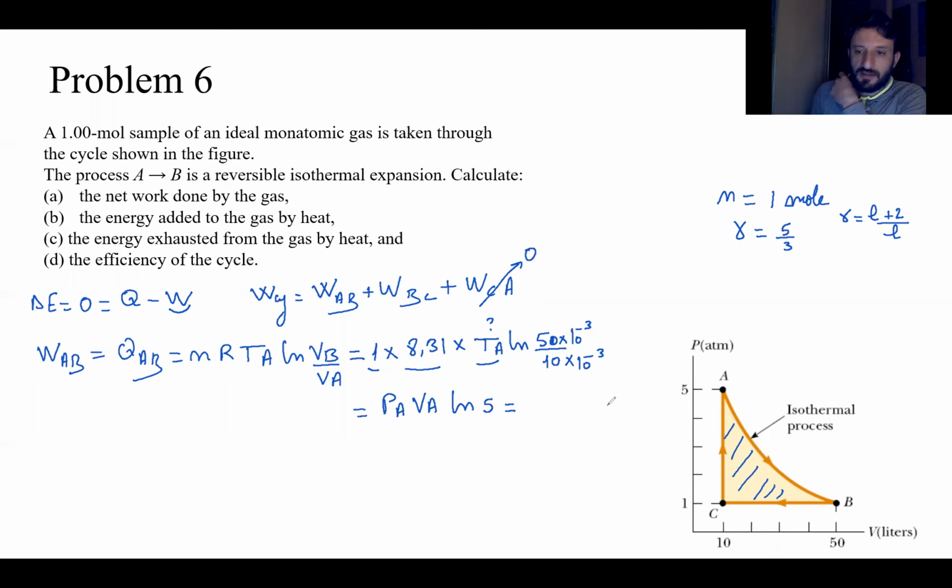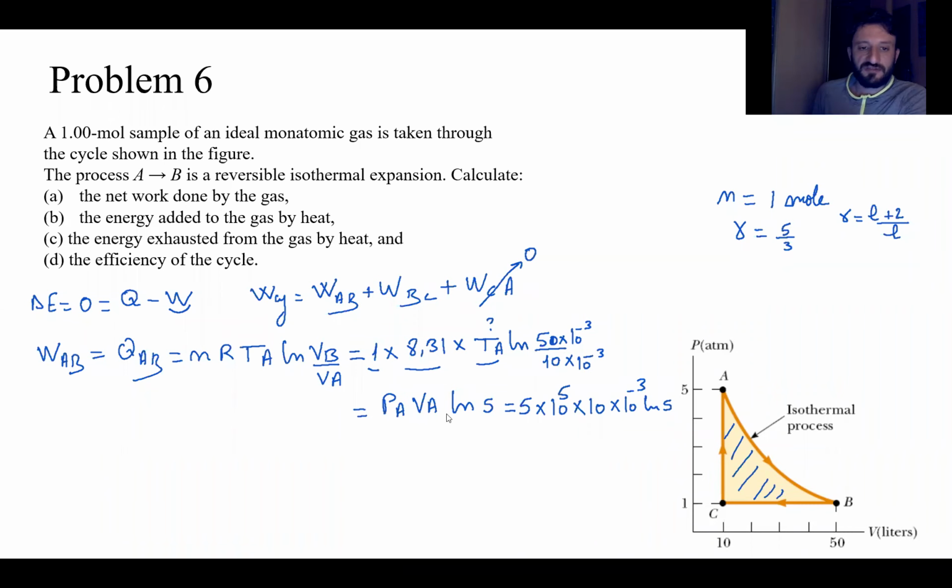We have PA equals 5 atmosphere. Be careful, you have to convert atmosphere to Pascal. We write 5 times 10 power 5 Pascal, since 1 atm equals 10 power 5 Pascal, times VA equals 10, which you have to put in meter cube, equals 10 times 10 power minus 3 meter cube, and ln 5.